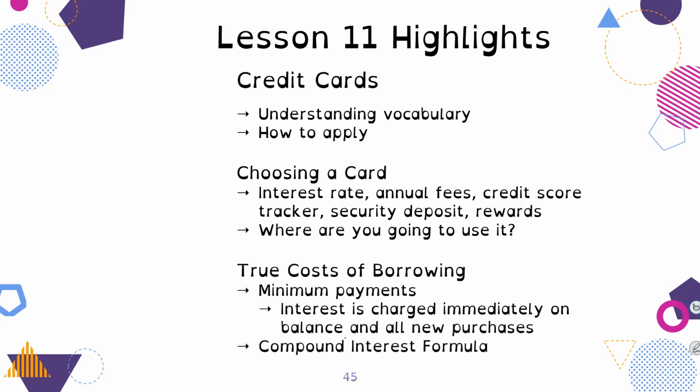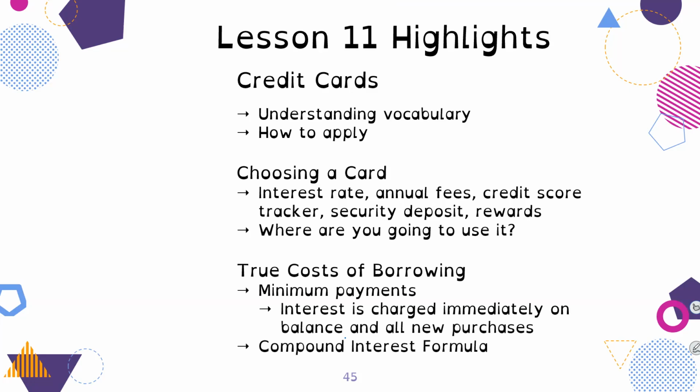And then we talked about the true cost of actually borrowing. So minimum payments: there's interest charged immediately on your balance and all new purchases if you're only making minimum payments. So you end up having to pay more money if you're only making minimum payments. So something to be aware of.